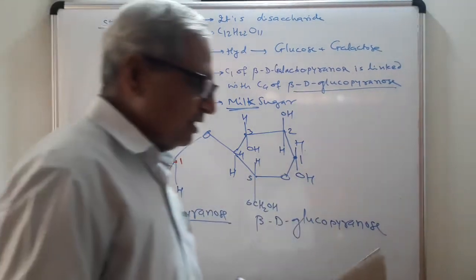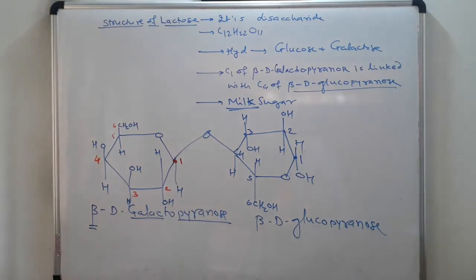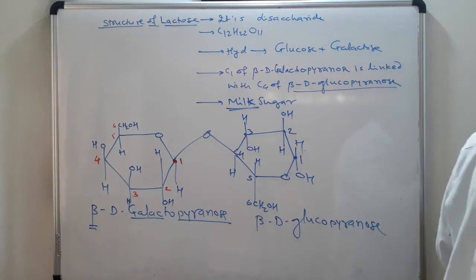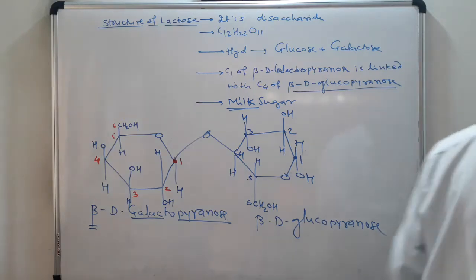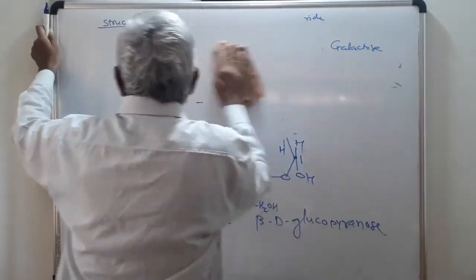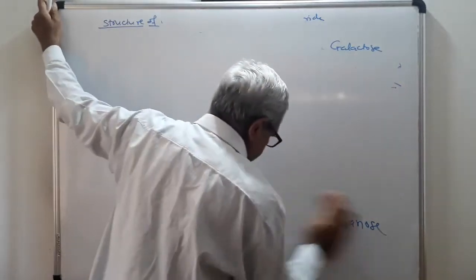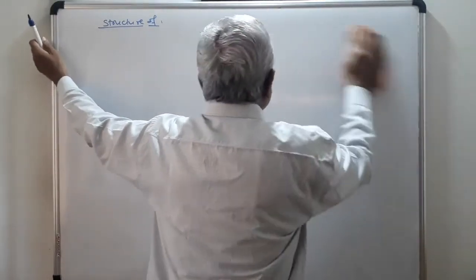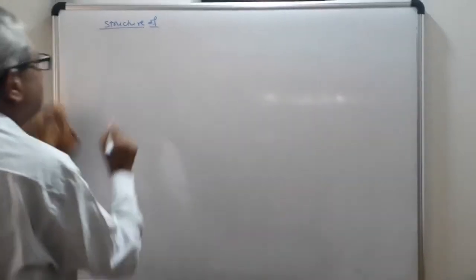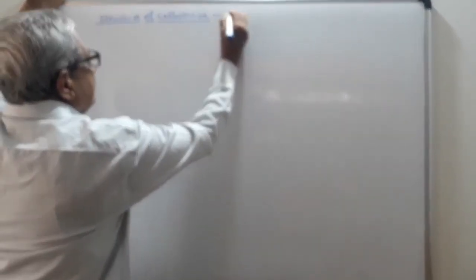Now we are going to start the structure of cellobiose. So give the title, structure of cellobiose. Again, it is a disaccharide.